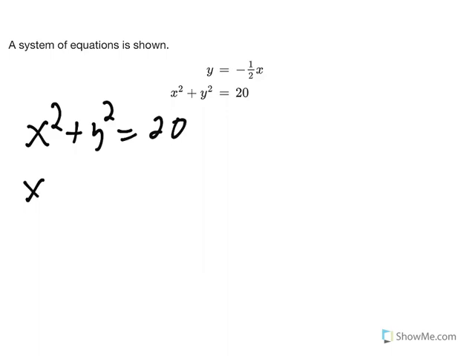So I can say x squared plus negative 1/2 x, squared, equals 20.